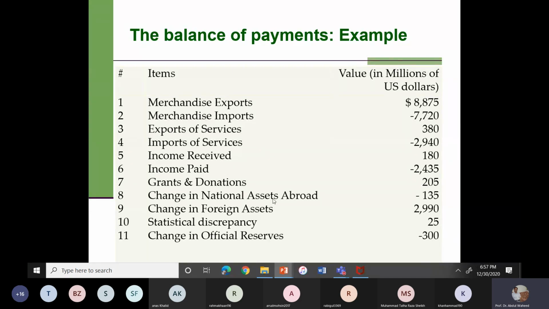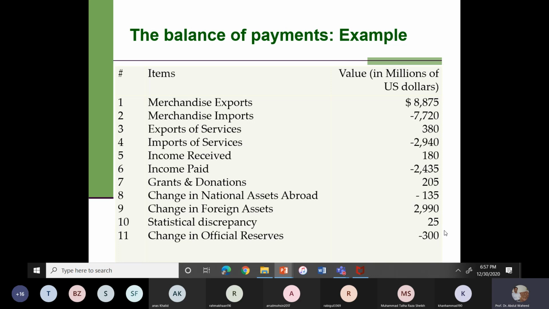The change in national assets abroad is negative, and the change in foreign assets is positive. So it means foreigners are holding our assets, and national residents are holding less foreign assets. And there is a statistical discrepancy, and then the change in official reserves. So there is a decrease in official reserves.